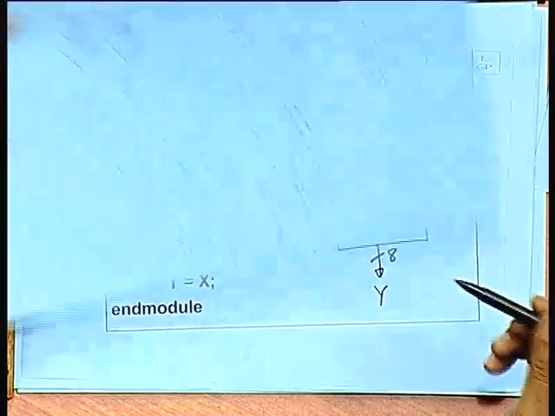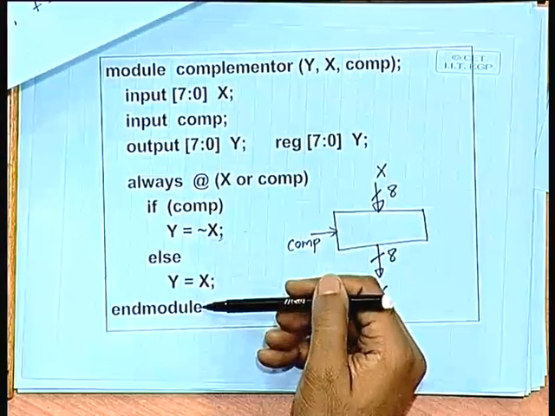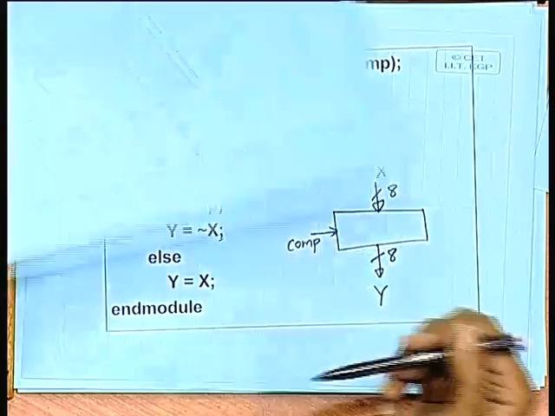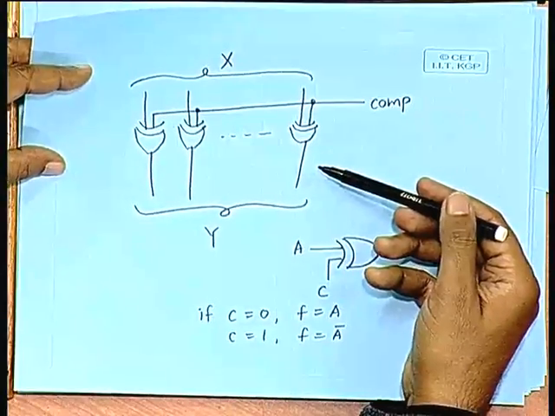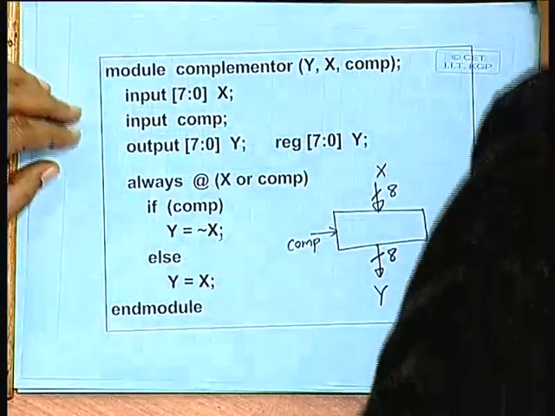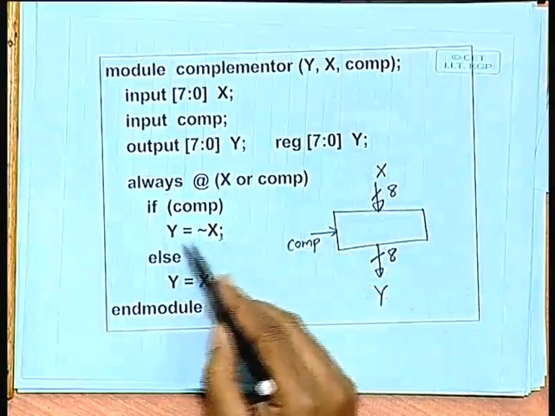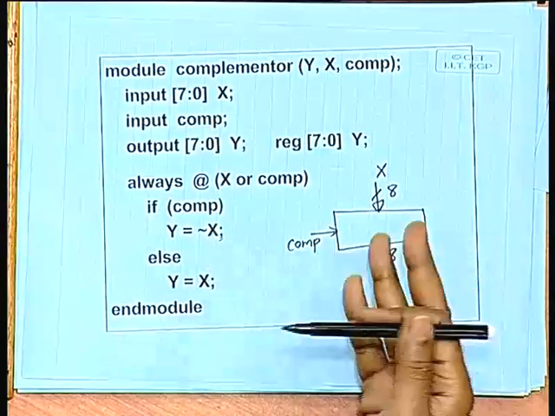When the synthesizer analyzes this code, the logic functions generated will be XOR functions. So, the synthesizer will be intelligent enough to synthesize it as an array of XOR gates typically.